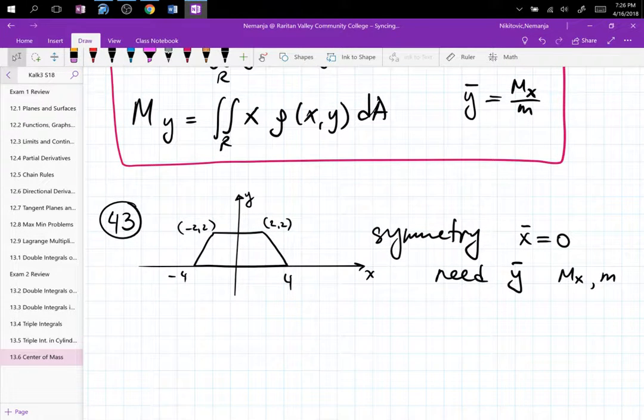Okay, the integral for mass is the double integral of rho, the density function, which is 1 because I don't have any variable density of any kind, and then dA over some region R. Now we see the region R is the trapezoid, so we get to decide which way to do this.